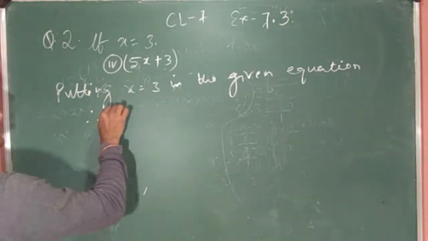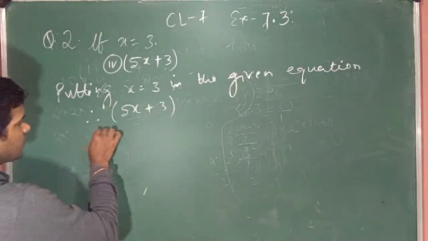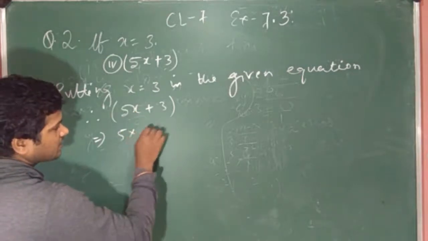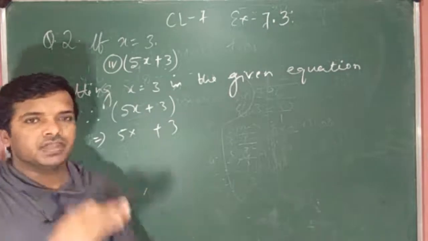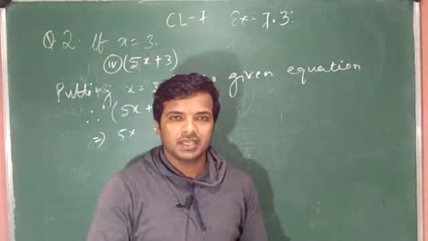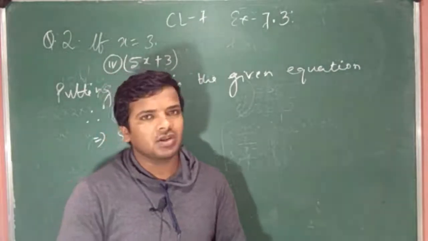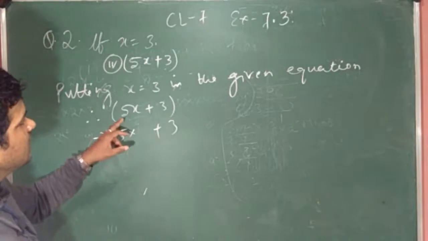Therefore our equation is 5x plus 3. As I told you, 5x means 5 into x, so plus 3. 5 and x are multiplied and they got 5x.